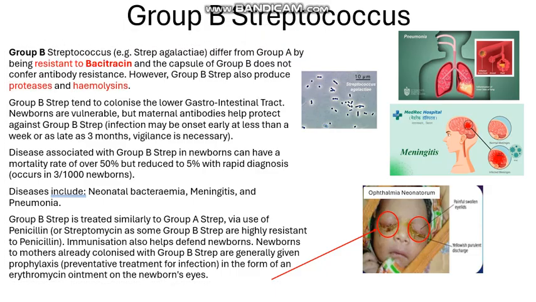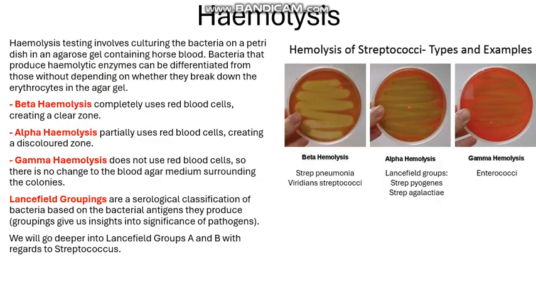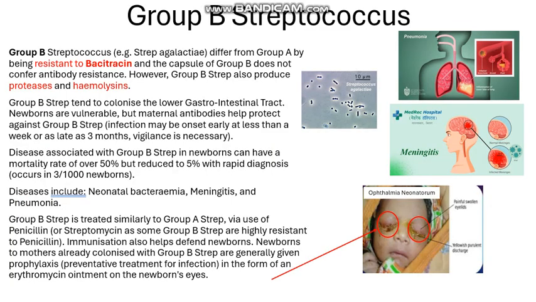So that basically means we'd expect it to be cleaving proteins, and we'd expect it to show up on hemolysis plates as either beta hemolysis or alpha hemolysis.